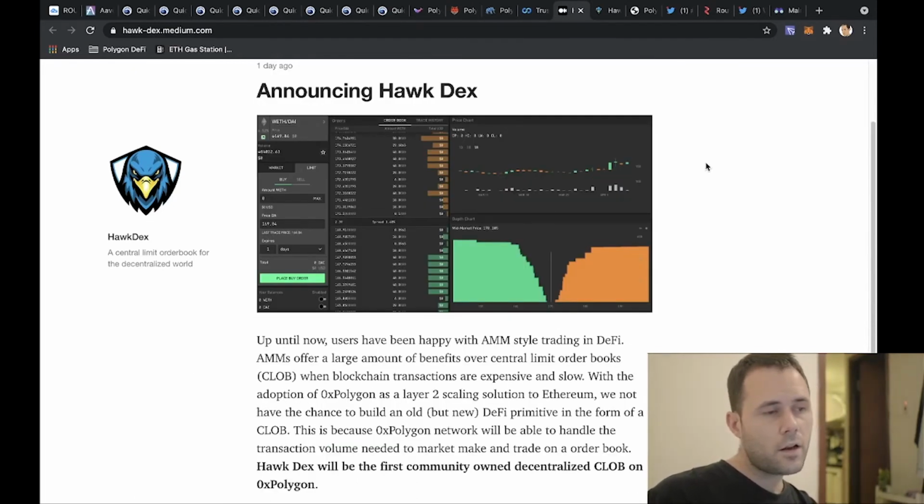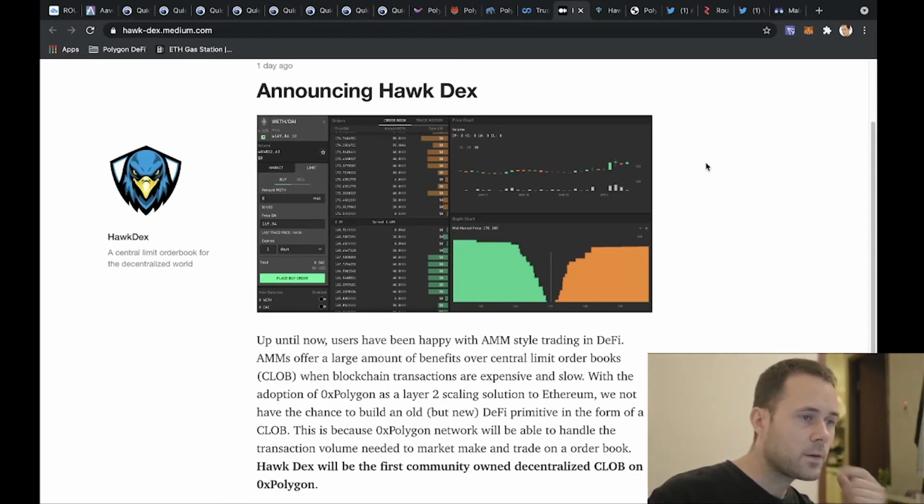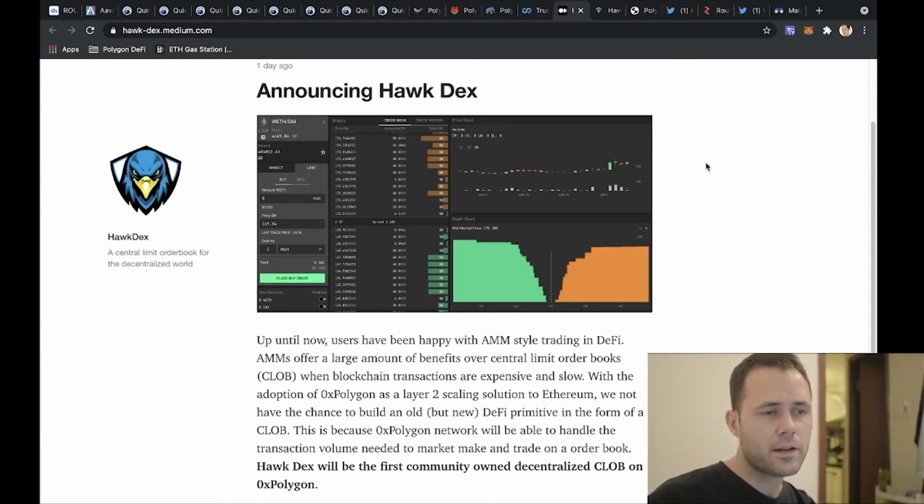So basically, in a nutshell, they're trying to make it so you can place a limit order at an exact price that you wish to buy a token. And we're able to do this because of the low transaction fee costs. So you can place an order, it's like a smart contract, and the transaction fee is so low that if you want to cancel it, it's not really a big issue.